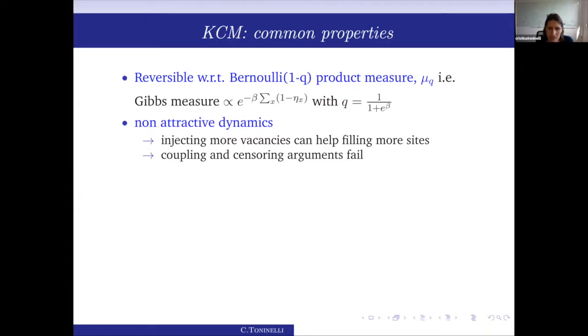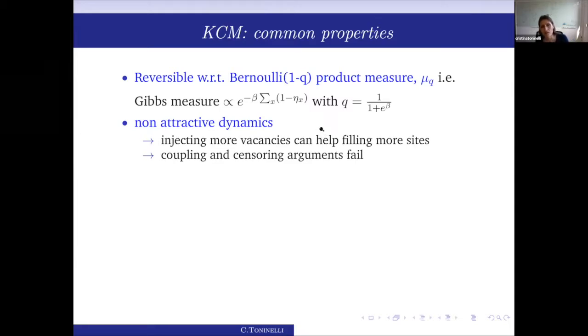It does not necessarily help me empty more sites, because having more empty sites means that I have more sites on which the constraint is satisfied, and this in principle can also mean that I can fill more sites, because once the constraint is satisfied, I can either fill or empty.